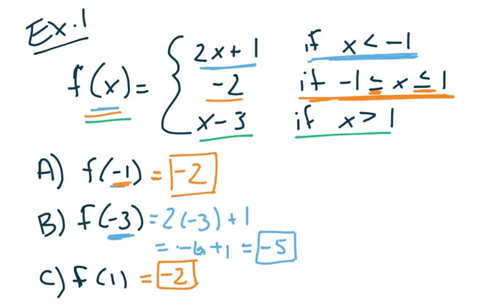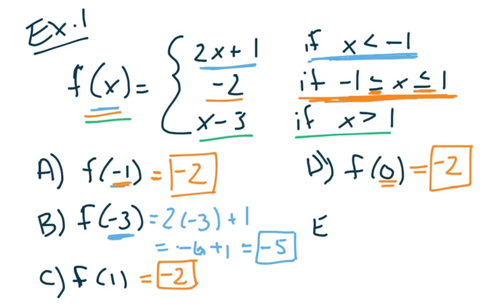There's no x value, so there's no place to plug in anything. So we'll do f of 0. 0 again is between negative 1 and 1, so that still fits in this orange piece, the middle piece. So that's going to be negative 2 also.